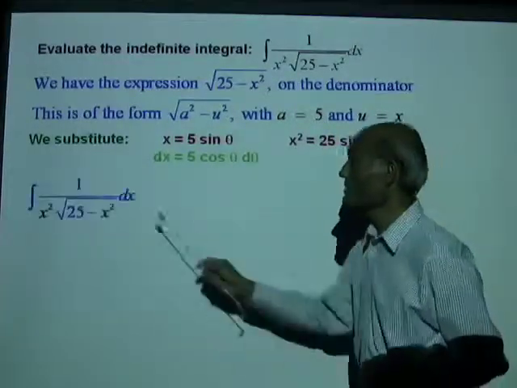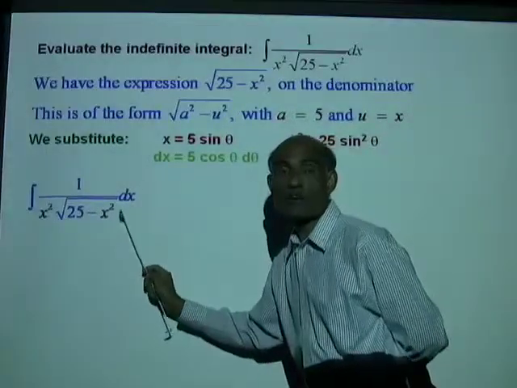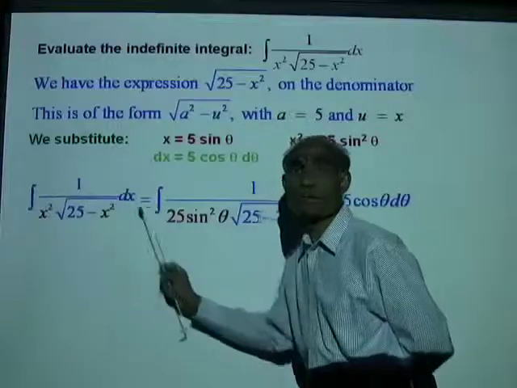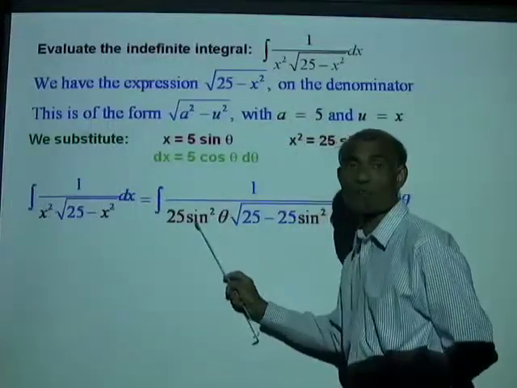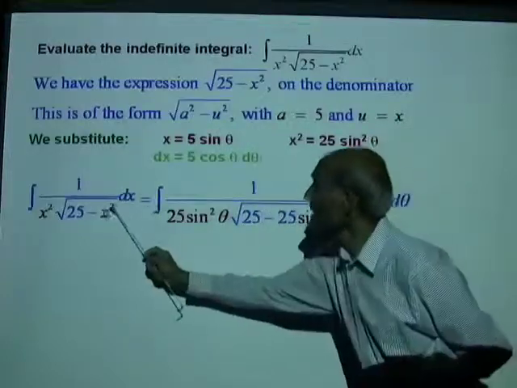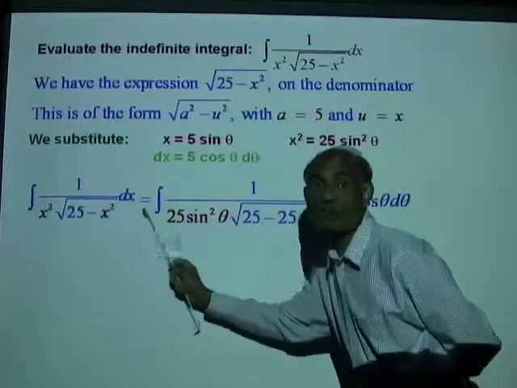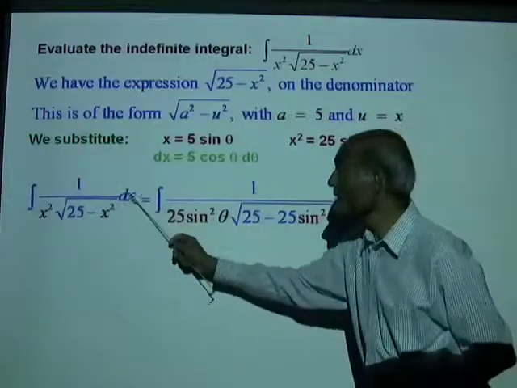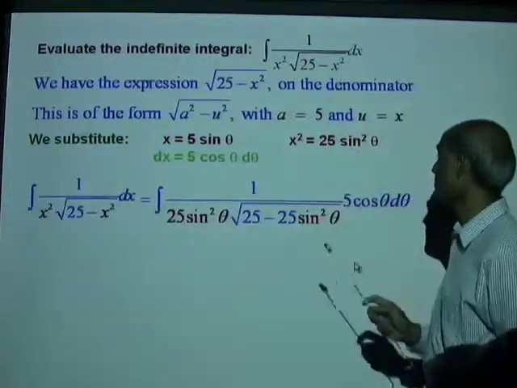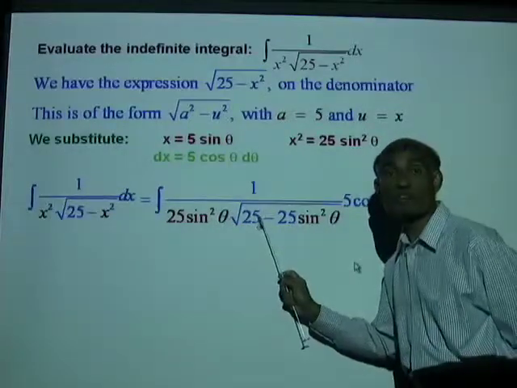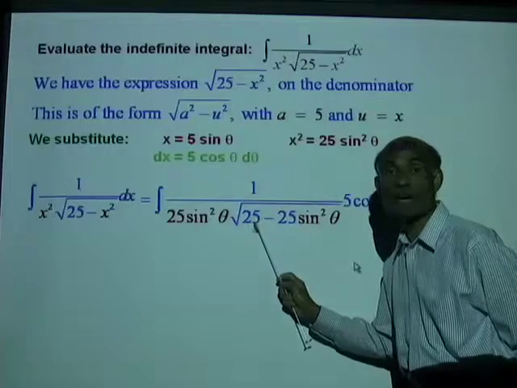Let's do that. So this integral now becomes the integral where x squared is replaced by 25 sine squared theta, the x squared inside the square root is replaced by 25 sine squared theta, and dx is replaced by 5 cos theta d theta. We first start by simplifying inside the radical sign.